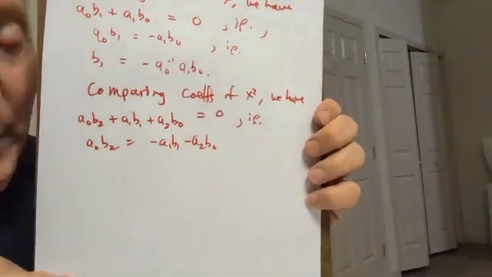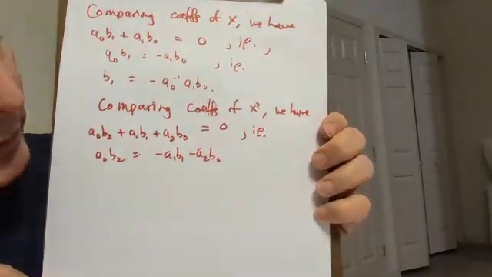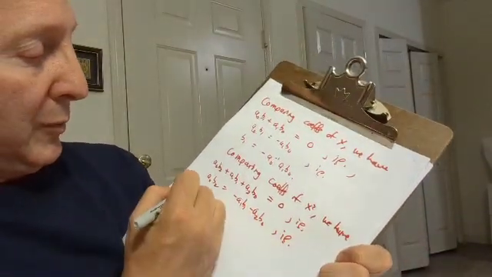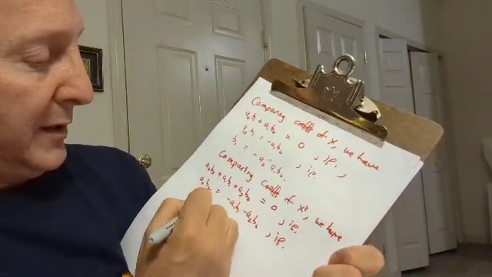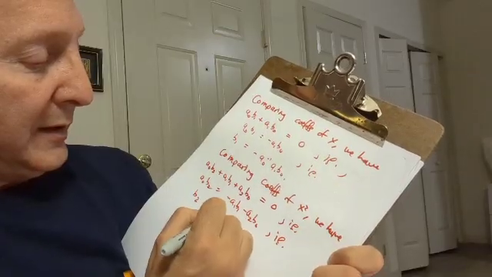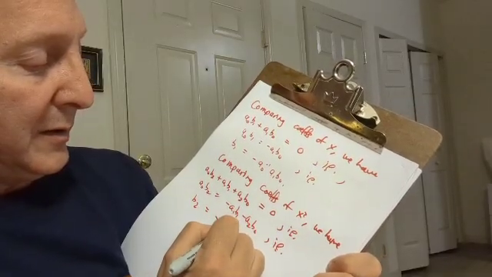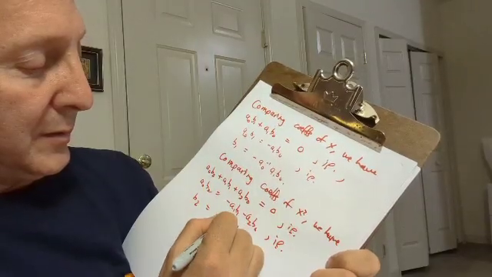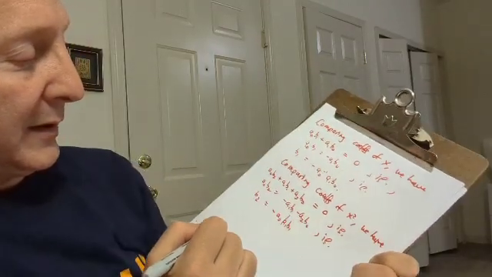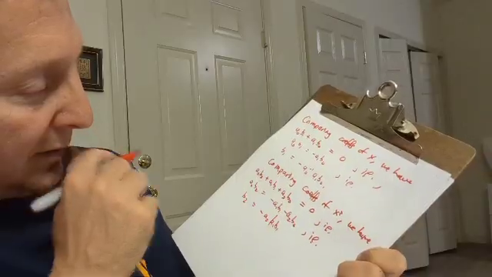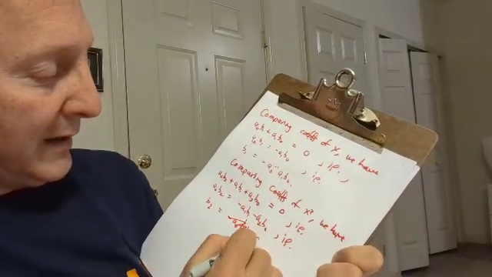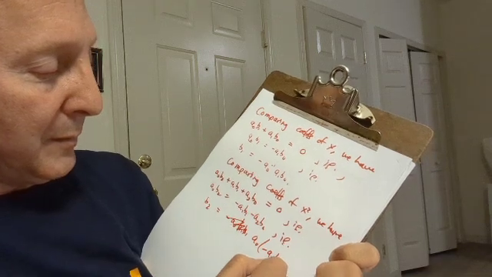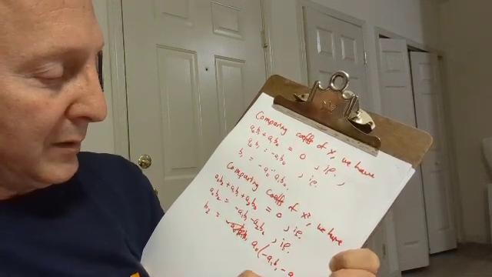And then b2 is getting multiplied by a0, which is invertible. We assumed that. So if we just left multiply both sides by a0 inverse, we have b2 equals a0 inverse times negative a1 b1 minus a2 b0.